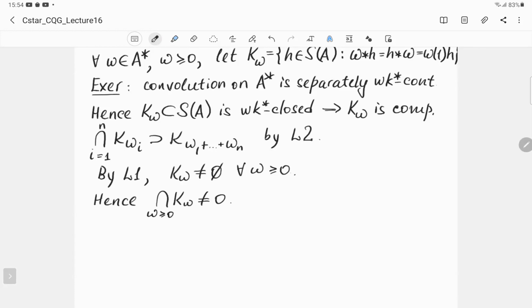So to complete the proof, we just take any element from this intersection. In fact, we will see soon that it is unique. And observe that just by the definition of k omega, H is both left and right invariant.